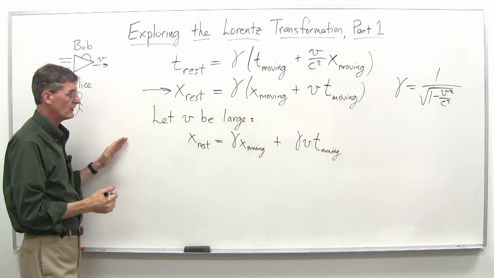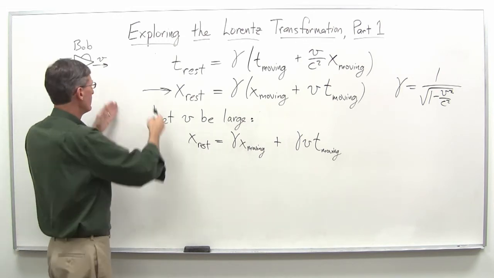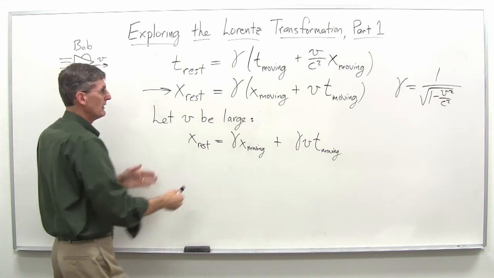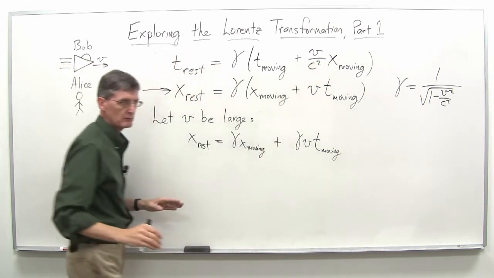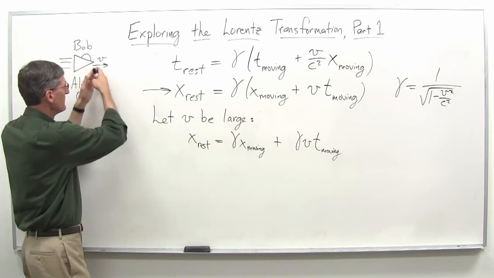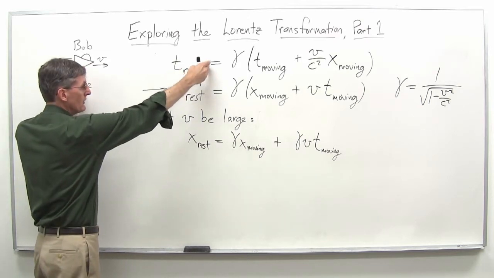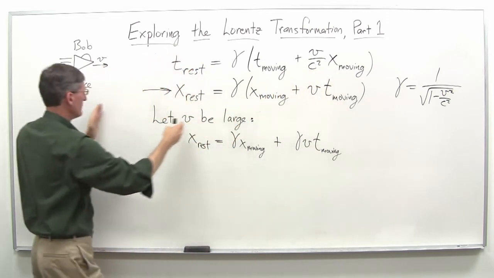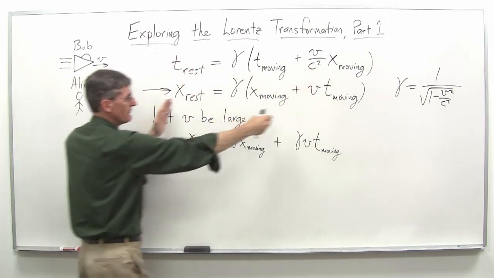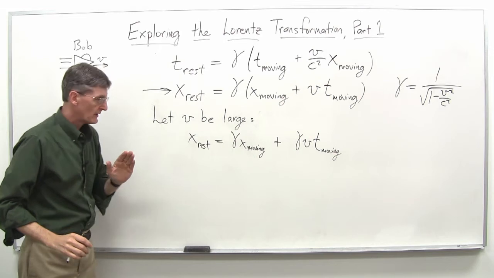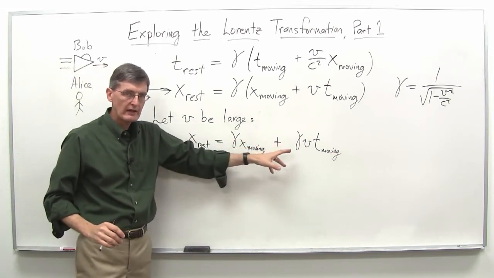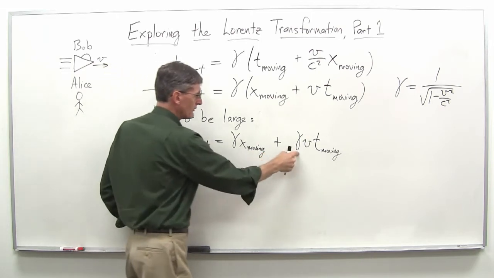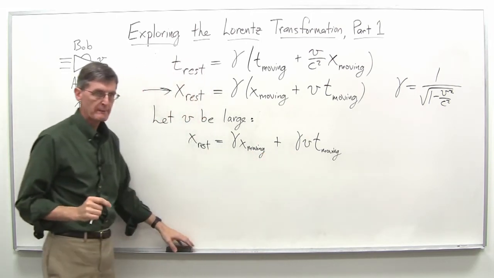Well, the general idea is how far has Bob moved, what time is the measurement being made, and then plus whatever he's measuring out here. We're assuming it's a positive value. So we're assuming he measures it at 23 out here, but in the meantime, he's also moved over here, and so the distance for Alice will be that distance plus that distance. So this looks similar to the Galilean transformation, same concept, except we've got these gamma factors in here.